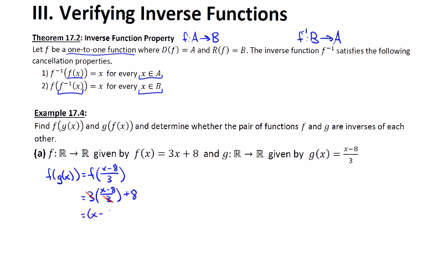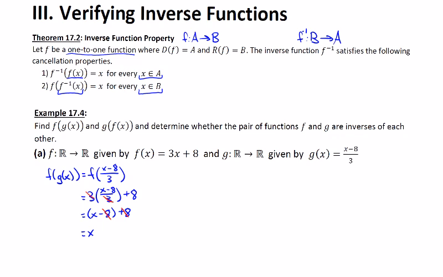That results in x minus 8 plus 8, which can now have the minus 8 and plus 8 canceled, leaving us with just x. So that means that we are well on our way to being able to prove that these are inverses of each other, but the inverse function property says that both statement 1 and 2 have to be satisfied.